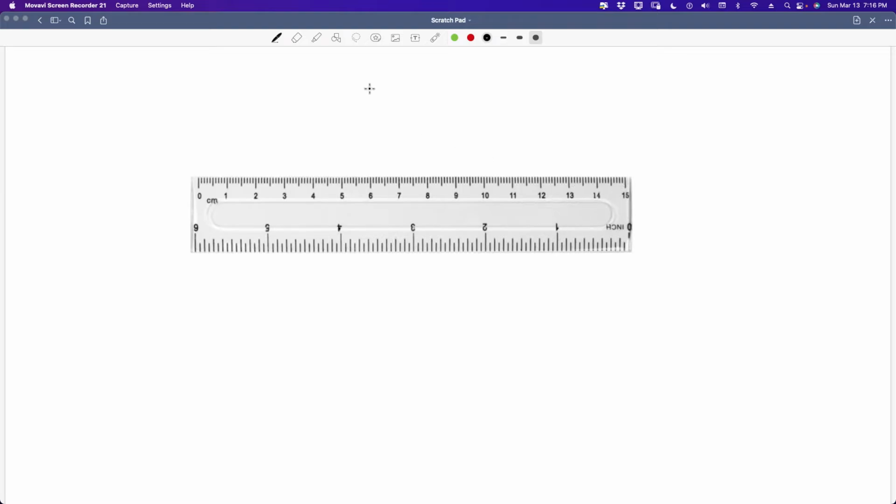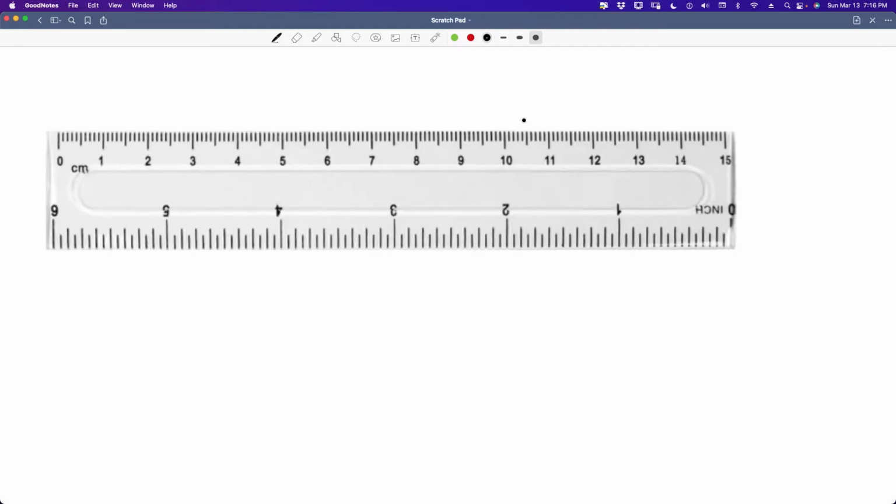So let me zoom in so you can see this a little bit better. If I get this to zoom, there we go. All right, so you can see there are little marks in between the centimeter. It's similar to the way that a ruler is set up. You have the half centimeter marked with the next longest line, but then all of the other marks in between are short. This is the half centimeter, but there are 4 marks in between, and that shows us that a centimeter is marked off in 10 spaces, not 16 like an inch.